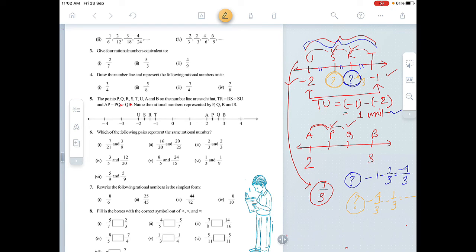So it is coming as minus 5 by 3. So in this way we have found the S and we have found the R. Okay. These 2 points are represented by these 2 rational numbers, minus 4 by 3 and minus 5 by 3. Okay. Now see, we have done this in this way. Let's come to this one.